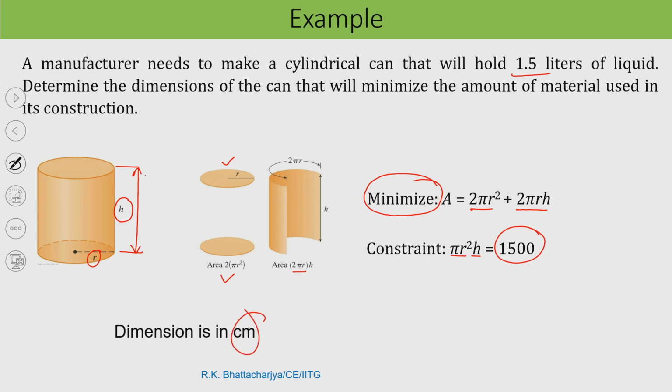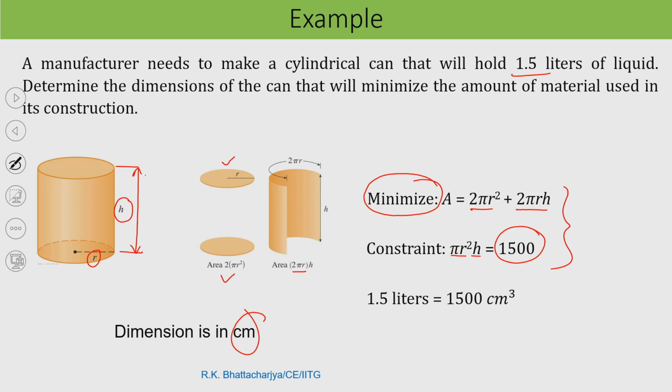Here r is in centimeter and h is in centimeter, and therefore the volume we have converted: if we convert 1.5 liter into centimeter cube, then it will be 1500 centimeter cube. Okay. So, now this is your optimization model, and here we are trying to design a cylindrical can of capacity 1.5 liter.